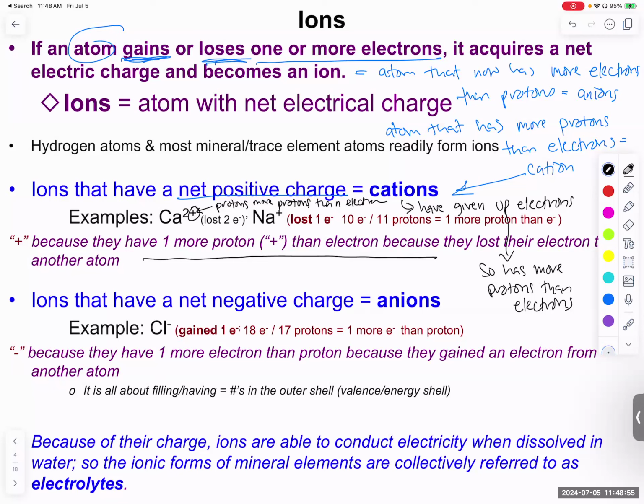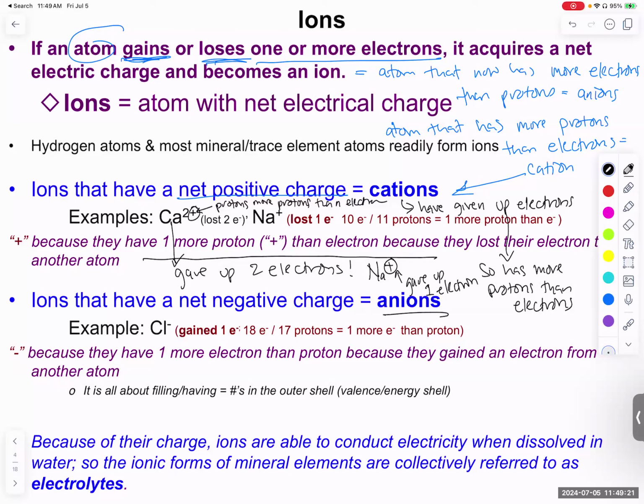So calcium is going to have 2 more protons than it has electrons, meaning calcium gave up 2 electrons. Now, if it's sodium, sodium just has a plus right there, so it only gave up 1 electron.